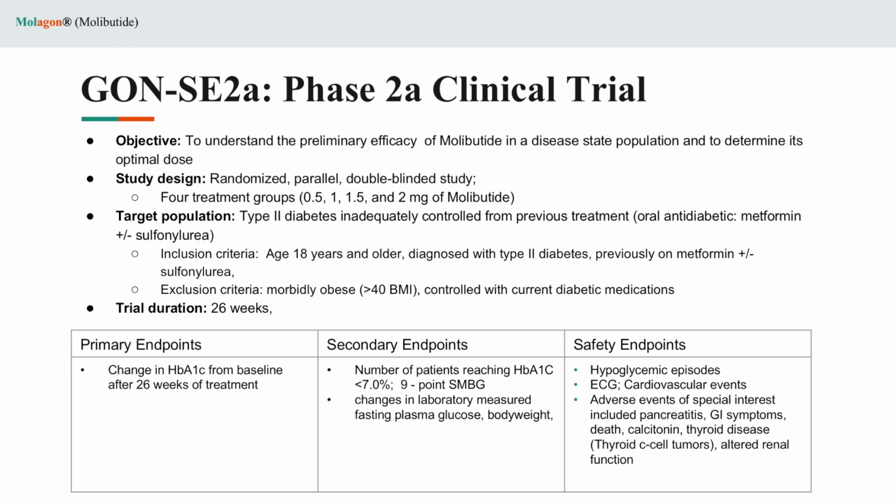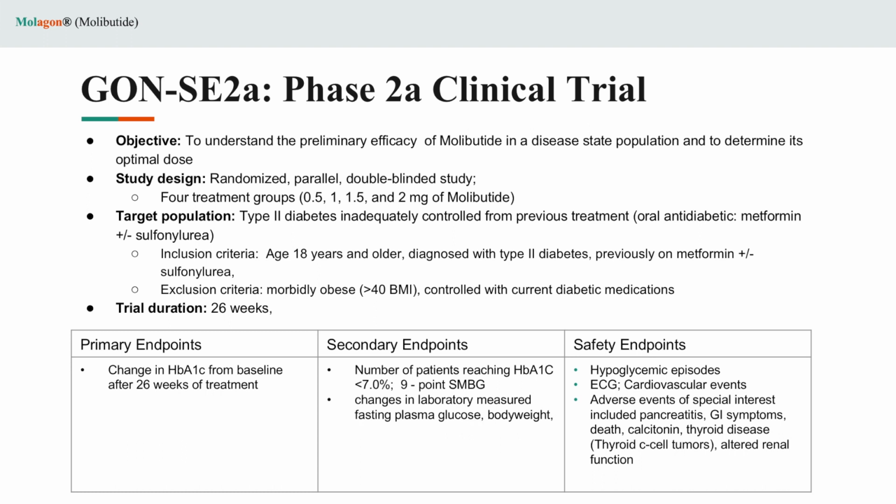Patients in each treatment group will be receiving the initial 0.5 milligrams of molybutide. Then, depending on which treatment group they're placed in, there will be different max doses set at either 0.5 milligrams, which is the initial treatment, so unchanged therapy, or titrated up to 1 milligram, 1.5 milligrams, or 2 milligrams.